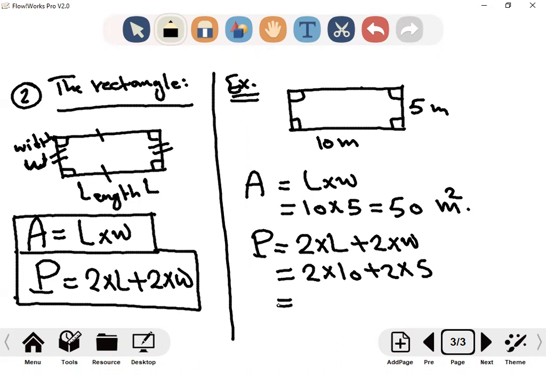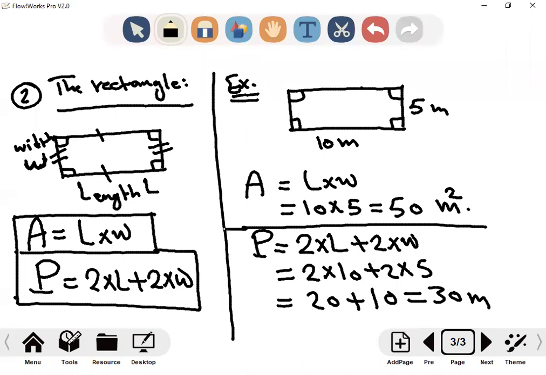So here 2 multiply 10, 20, plus 2 multiply 5, 10. Which is what? 20 plus 10, 30. And the unit meter? Meter squared. No. The square unit only for the area. Okay. Right. The square unit only for the area.